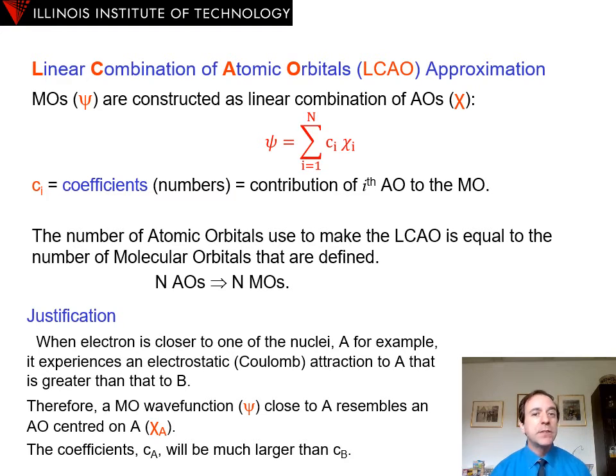And because it's closer, that molecular orbital will more resemble that atomic orbital. That is to say, for those coefficients in the equation at the top of the page, that coefficient c sub i for each chi sub i, when a molecular orbital is closer to a certain atomic orbital, it will have more of a contribution from that atomic orbital than from the other ones. So we'll see that moving forward.